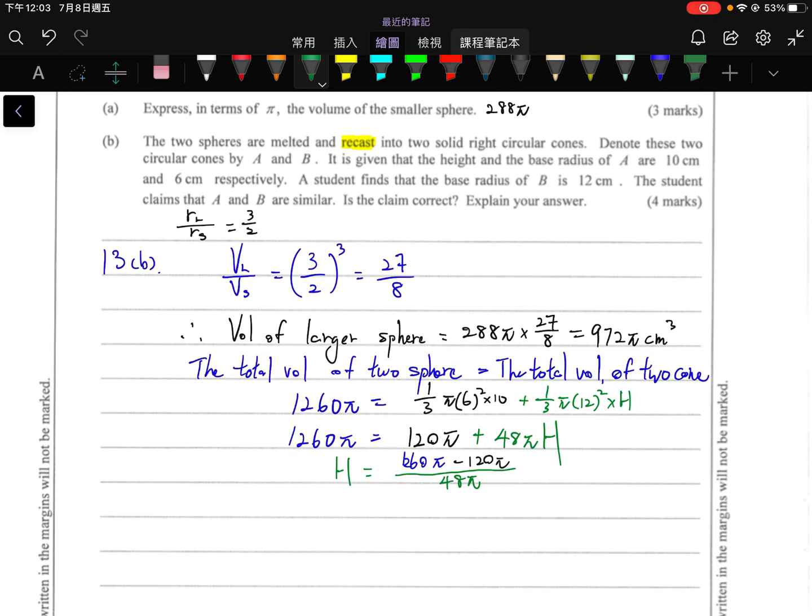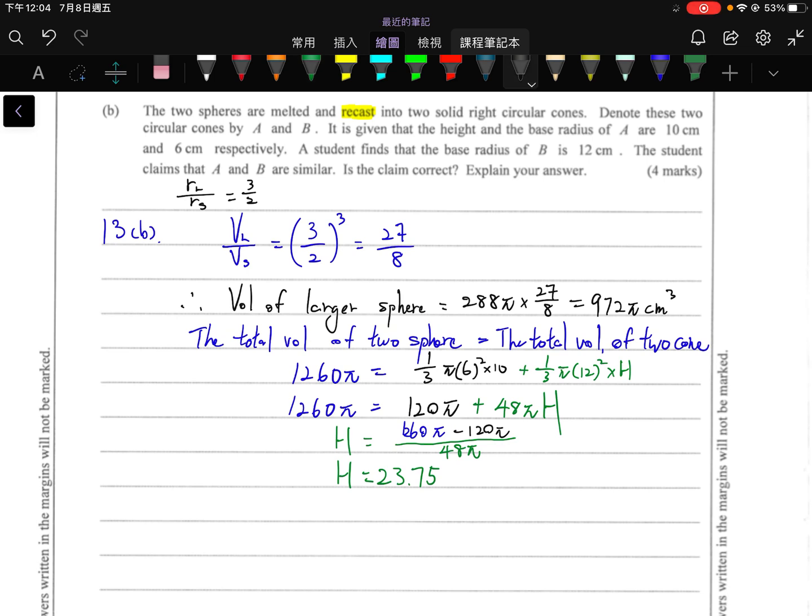And then the result for the height of cone B will be equal to 23.75.